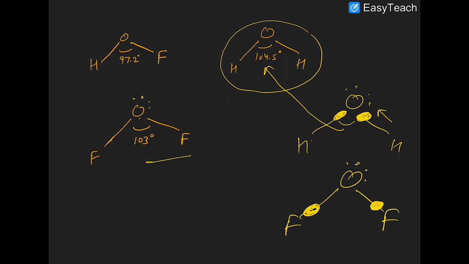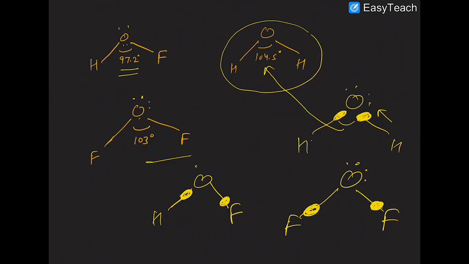Now look at the case of HOF. Here the bond angle is 97.2. The reason is that in the OH bond, the electron density is closer to oxygen, but in the OF bond, the electron density is closer to fluorine.